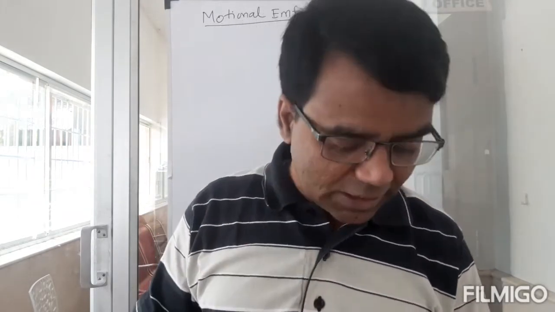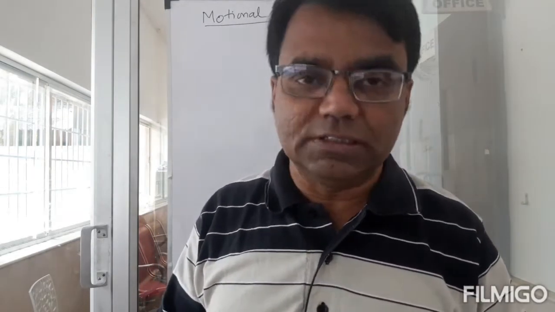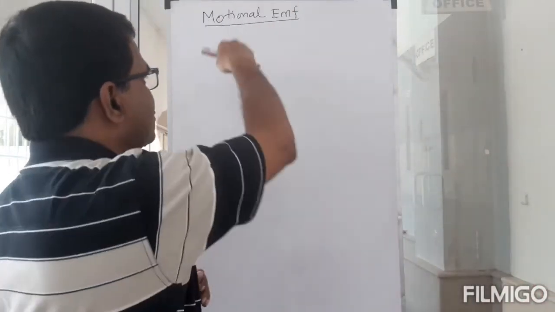To do it, I am going to assume a few things. First, I am going to assume a magnetic field that goes into the board. I will also assume that the magnetic field is constant. It's a permanent magnet and it is fixed, so nothing is happening to that magnet.